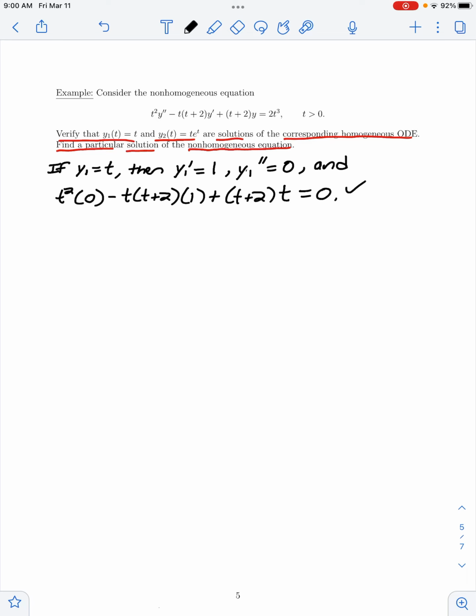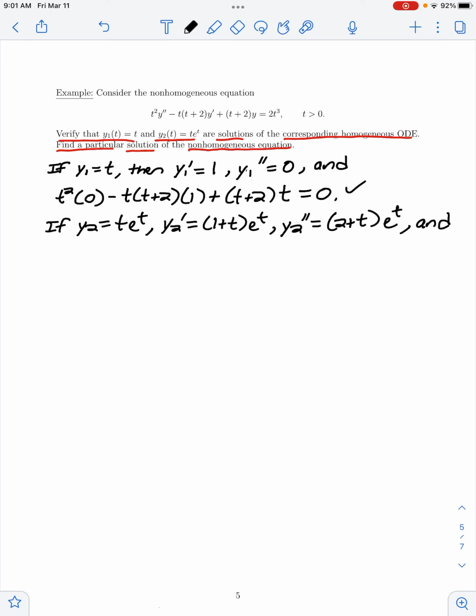Now let's take a look at y2, which was t times e to the t. So we would have here for our first derivative by the product rule, 1 plus t times e to the t. And for my second derivative, y2 double prime, by the product rule, I would get 1 e to the t plus 1 plus t e to the t. So altogether 2 plus t e to the t.